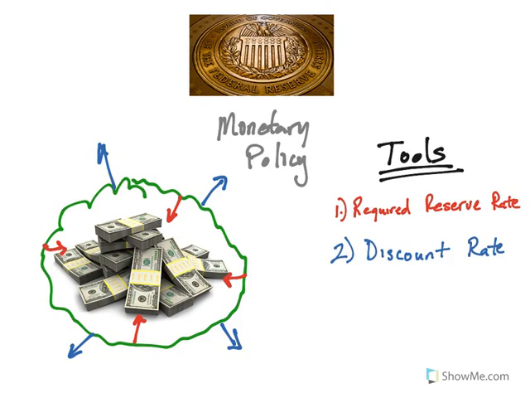And the third main tool of the Federal Reserve to enact monetary policy is called open market operations. These are the three tools that the Federal Reserve can bring to bear to provide either a contractionary or an expansionary monetary policy. Let's discuss the three tools individually.